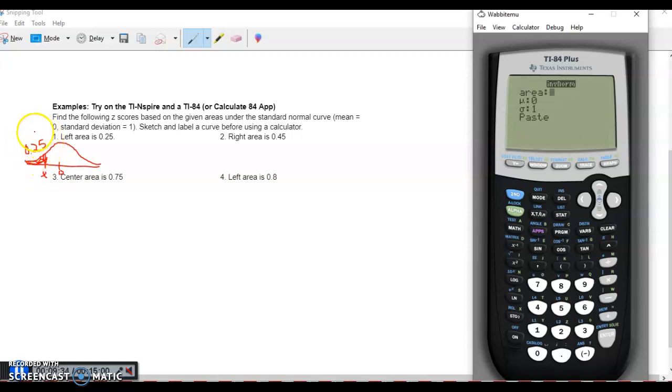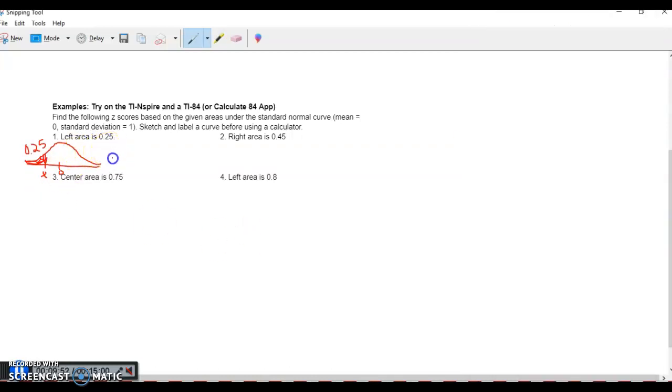Well, conveniently in this problem, I'm given a left area, right? This is the left side of the curve. So I'm given a left area, so I put in the 0.25. This guy is standard normal. So the Z-score that marks the bottom 25% or the 0.25 area, and I'm only using Z here because it's standard normal, that z-score that gives me that, I already forget what it is, negative 0.67.